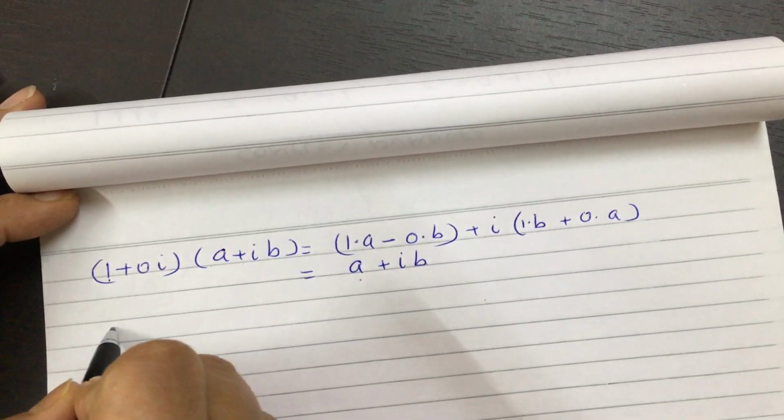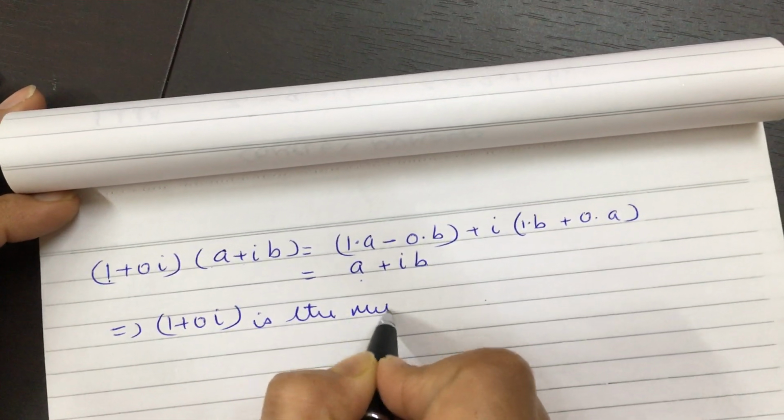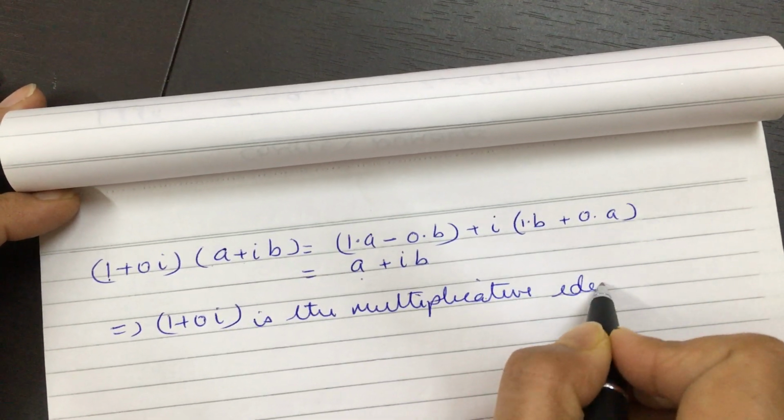And so, it implies that 1 plus 0i is the multiplicative identity.